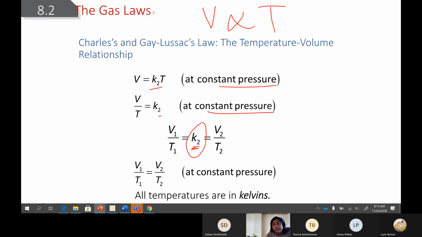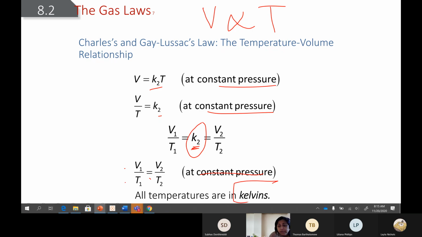So like in Boyle's equation, we can come up with a new equation which relates two sets of conditions. Under constant pressure, it is V1 over T1 equals V2 over T2.